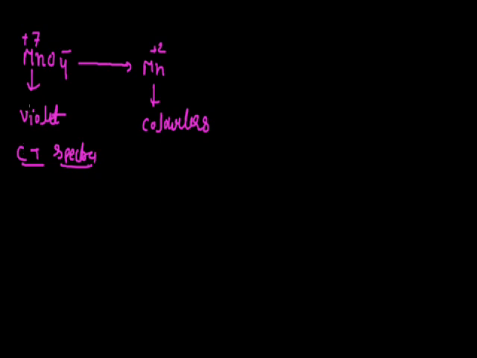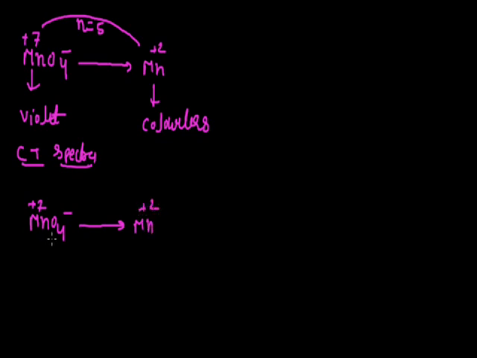Now if we balance this reaction, the difference in electrons is 5, that is called the n factor. Here the n factor becomes 5. Now +7 is converted into +2. First we balance the elements other than oxygen and hydrogen.